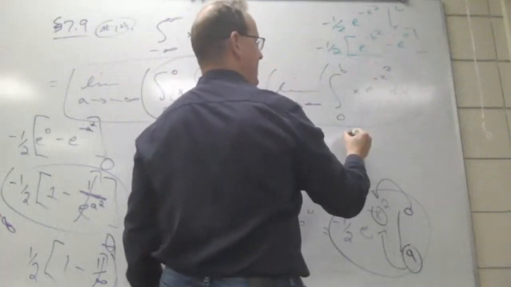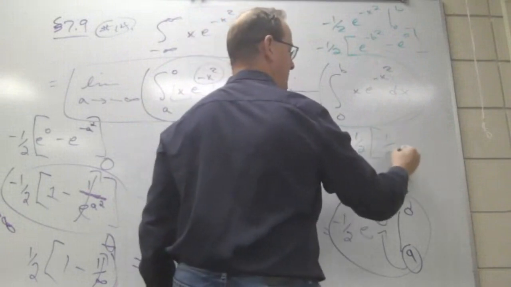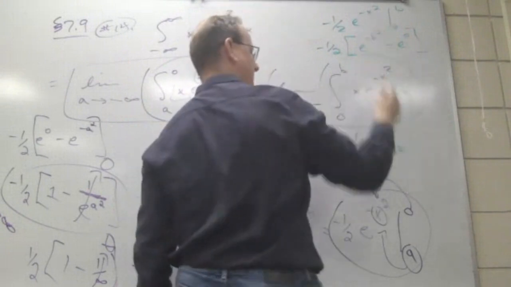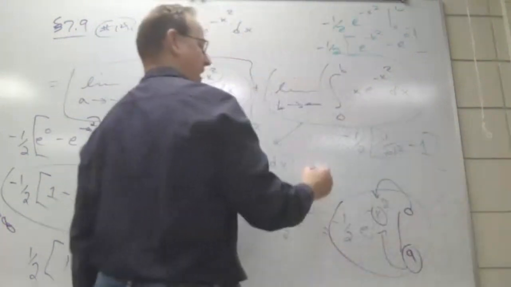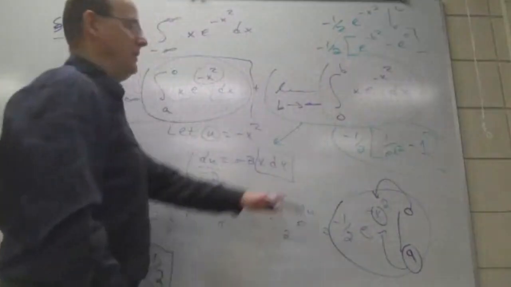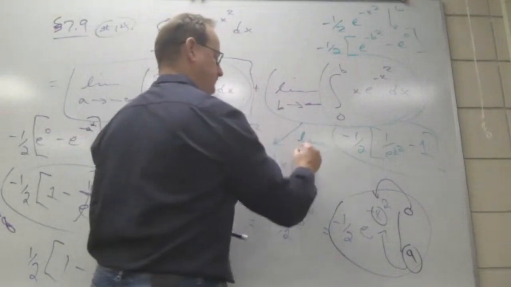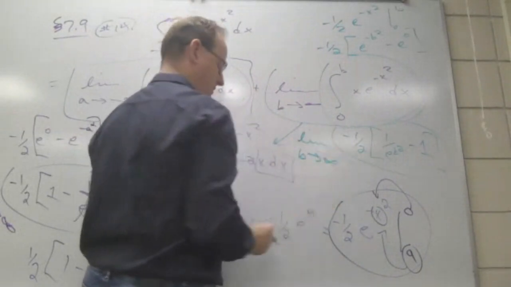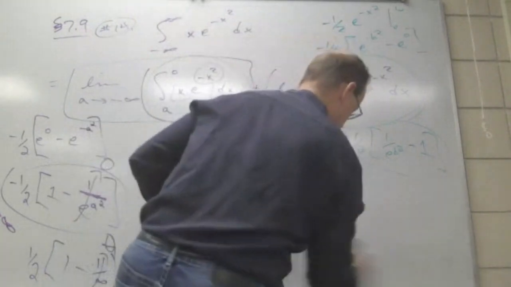So this part becomes -1/2, 1 over e to the b squared, if I want to make that a positive power, and then -1. Okay, and then that's what I have for the definite integral. And then now I can take the limit as b goes to infinity of that. And when I take the limit as b goes to infinity of that, let me erase this down here.